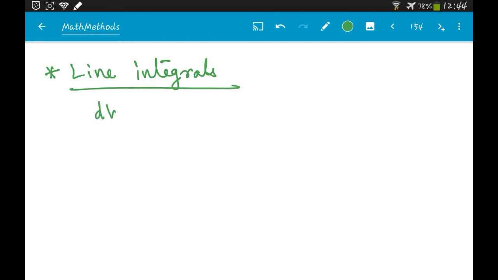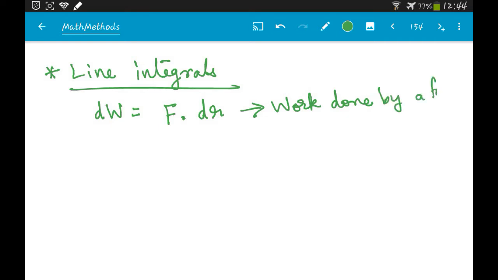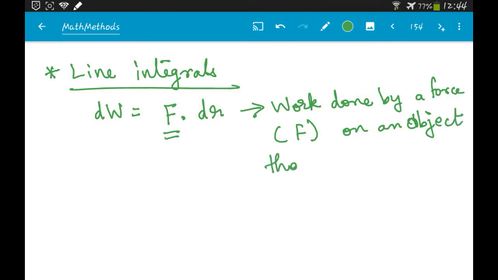Work done dW is given by F dot dr. What this represents is the work done by a force F. F is the force on an object that undergoes infinitesimal vector displacement.